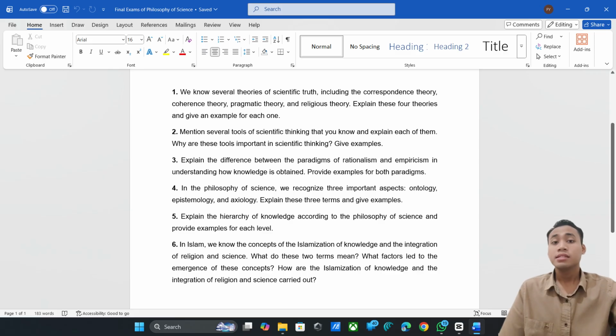And the scientific method, which guides us through observation, hypothesis, experiment, and conclusions. These tools are important because they make scientific thinking clear, systematic, and reliable. Okay, next to the third question.